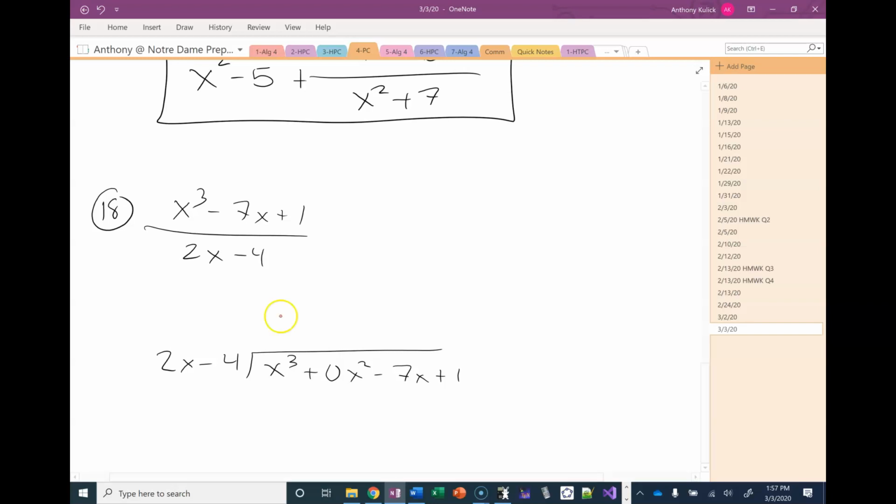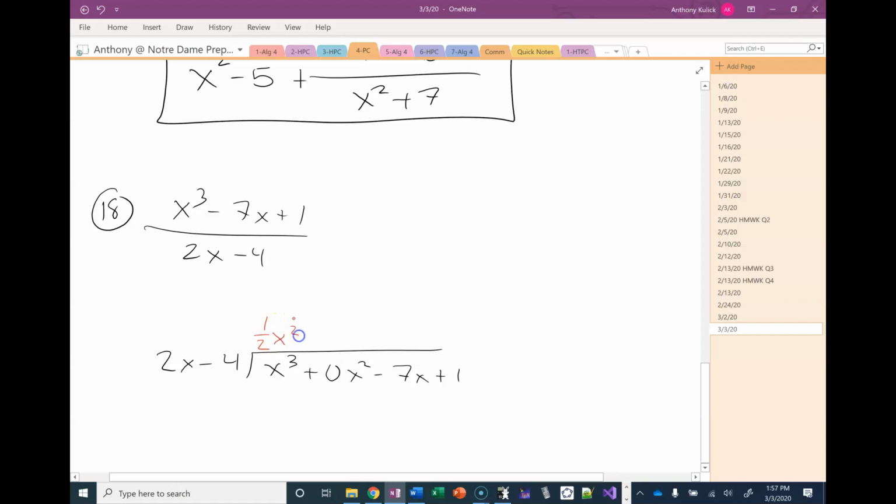All right. So this is a pain also because we're going to have a bunch of fractions, but oh well. So what times 2x gives me x cubed? Well, I know the coefficient has to be 1/2 because 1/2 times 2 gives me a coefficient of 1, right?